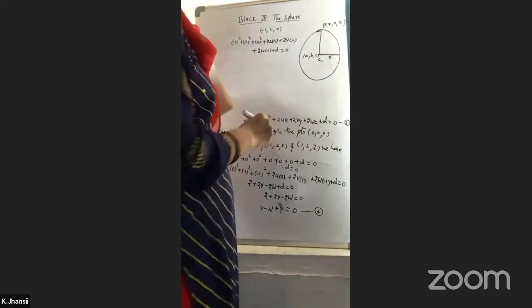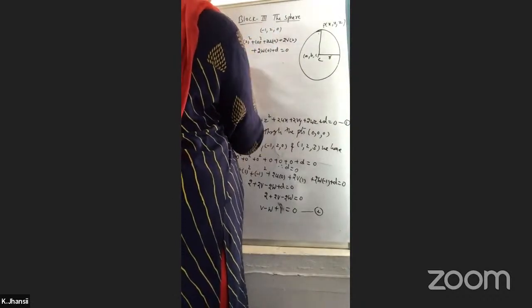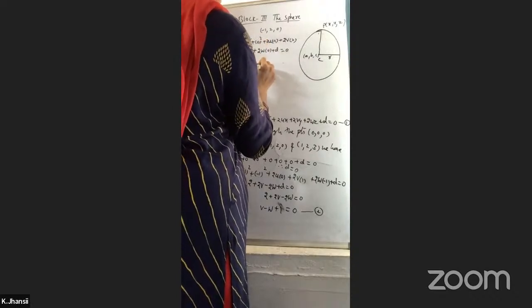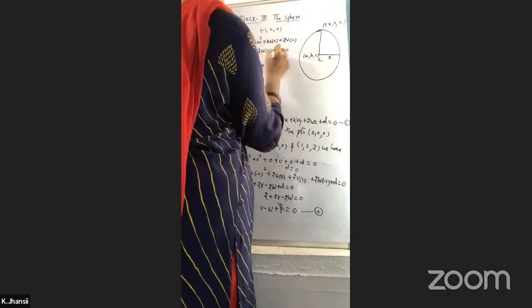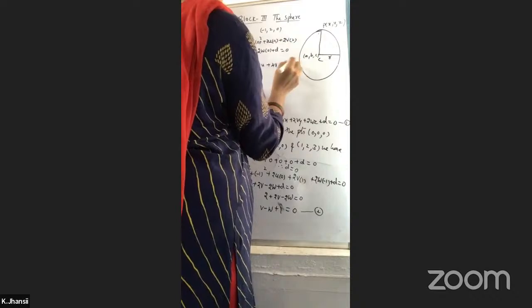Okay, this is the equation we got when it is passing through this point. So minus 1 square means 1 plus 4 plus this is 0. This is minus 2u. This is 4v and this is also 0. Okay, plus d equals to 0.